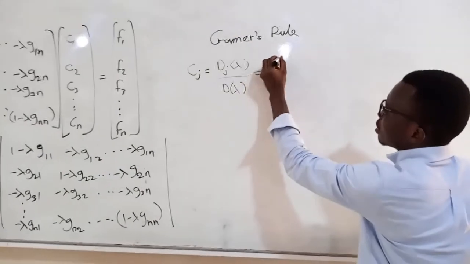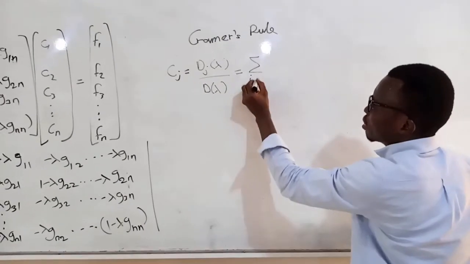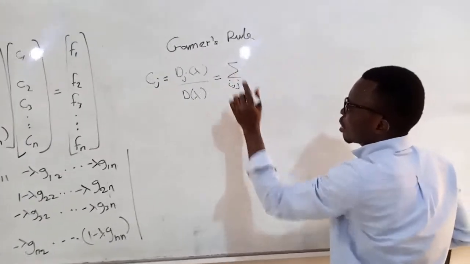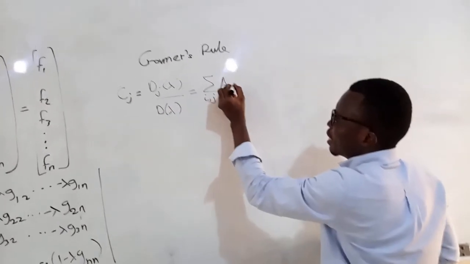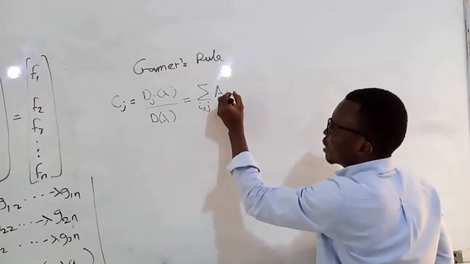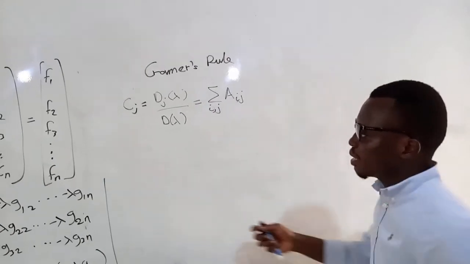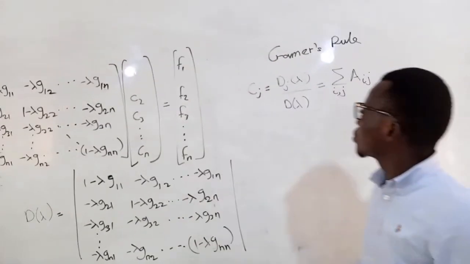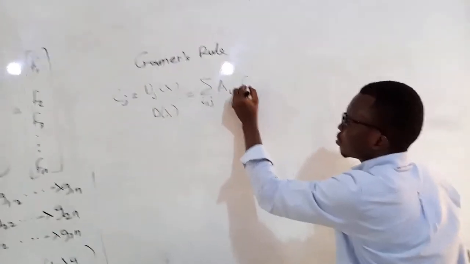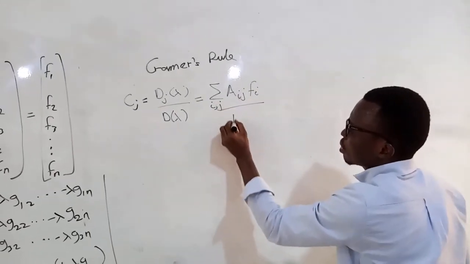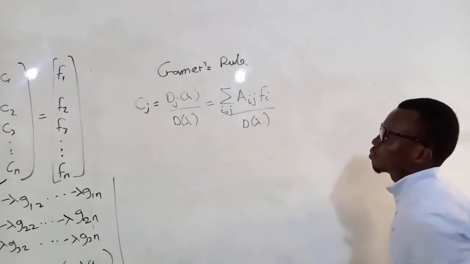If you operate on it using Kramer's rule, you are going to see that it is the same as finding the summation of i, j of aij, then this fi's, divided by d lambda.